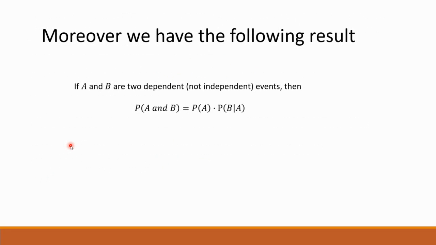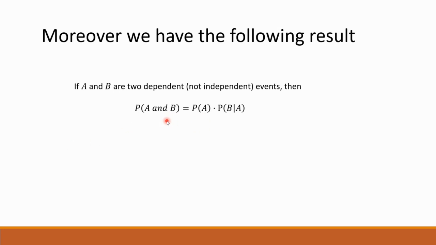Now this is actually how we can determine the probability that two events occur that are not independent. We already saw that if two events are independent, you can easily find the probability they both occur at the same time. You just multiply their probabilities. But if they're dependent, then that's not so obvious. What you have to do instead is use this formula.